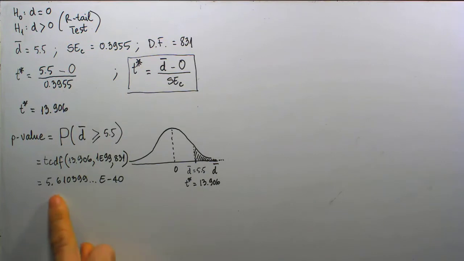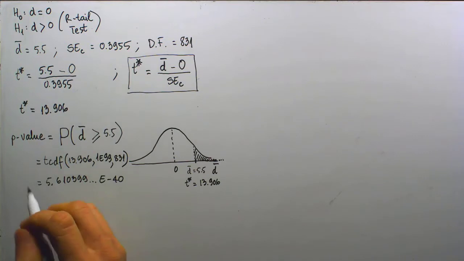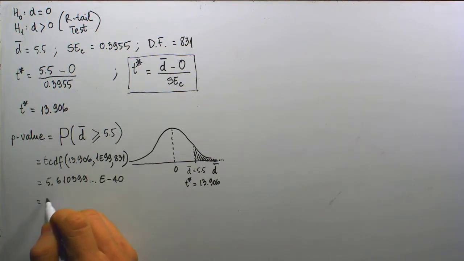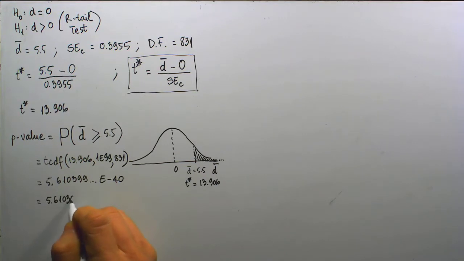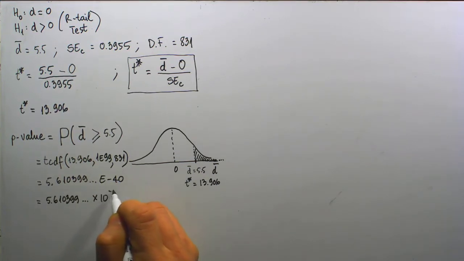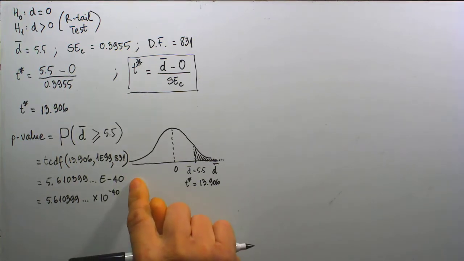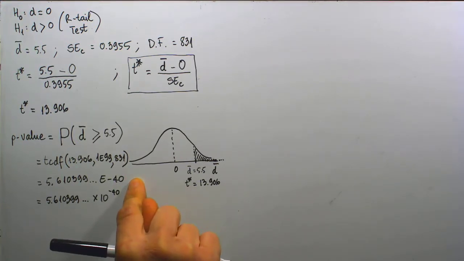This way of expressing the final answer is simply how the calculator expresses it, and it is in scientific notation, which means that we can think of that as 5.610399 and a lot longer times 10 to the negative 40. That's what the E minus 40 means when the calculator is writing it.